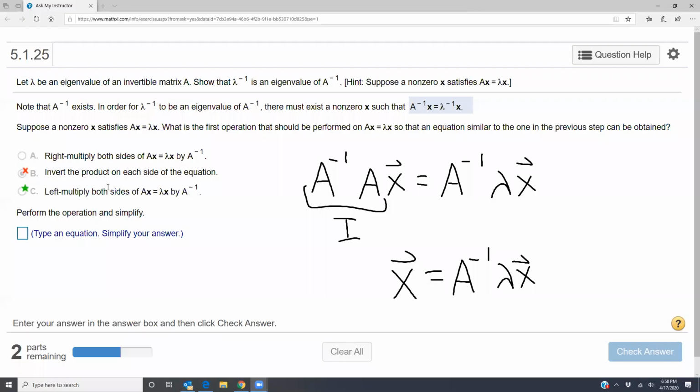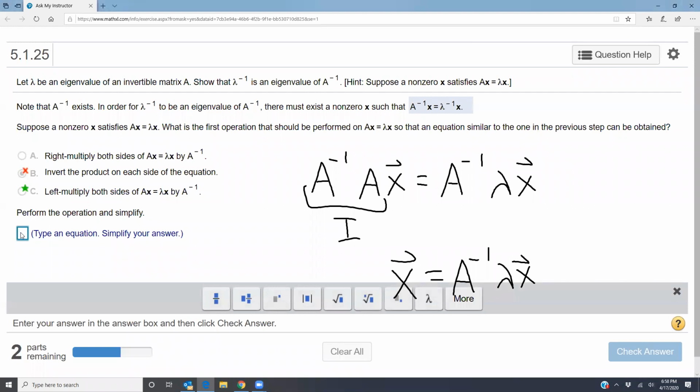So that's what I'm going to put in the simplified answer box here. x equals A inverse lambda x.